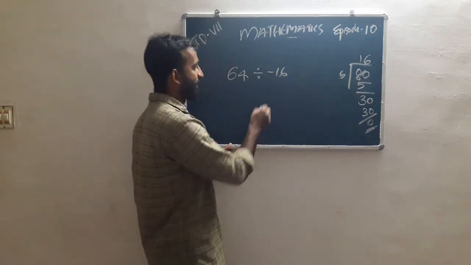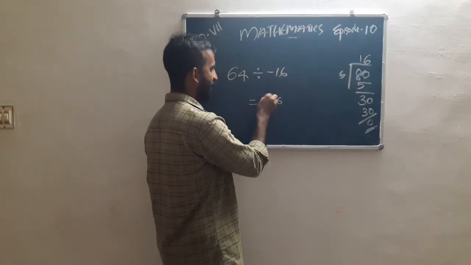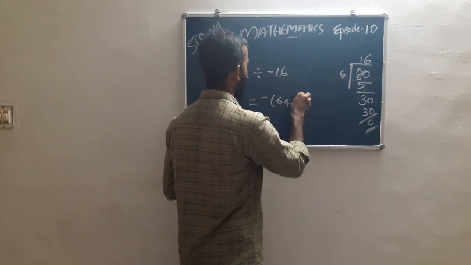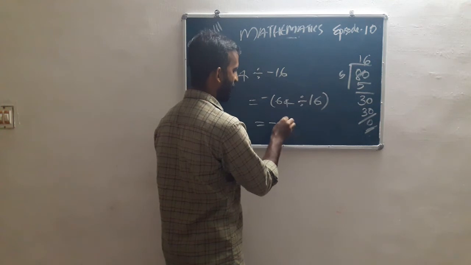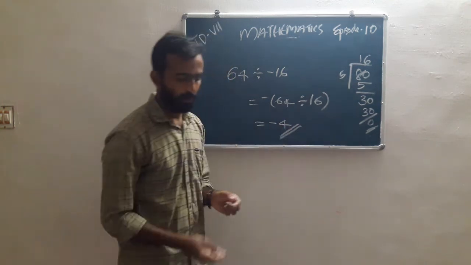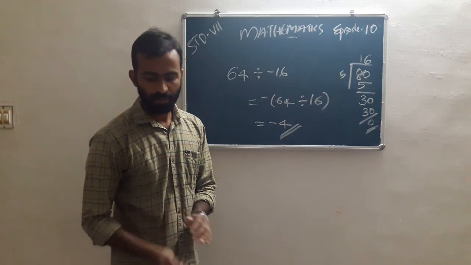What is the answer? Negative, it is 64 divided by 16. The answer is negative 4. Is it? Any doubt? Okay.